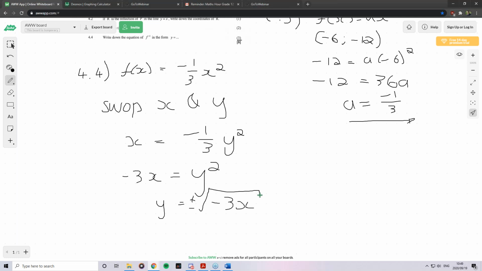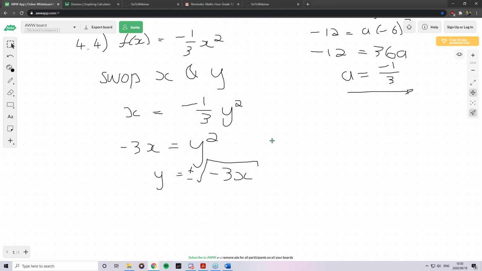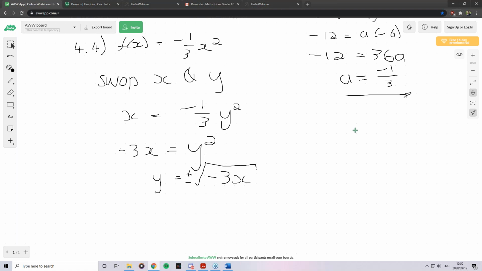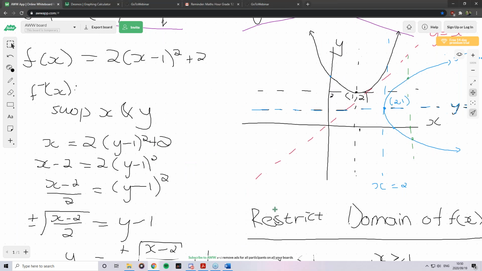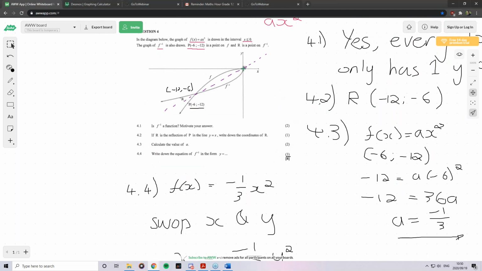But this is a bit weird, because what's the square root of a negative number? We can't really define it. And if we notice here, the function does not exist for y or x greater than 0.